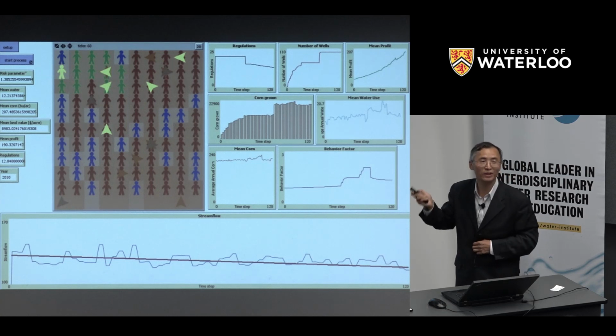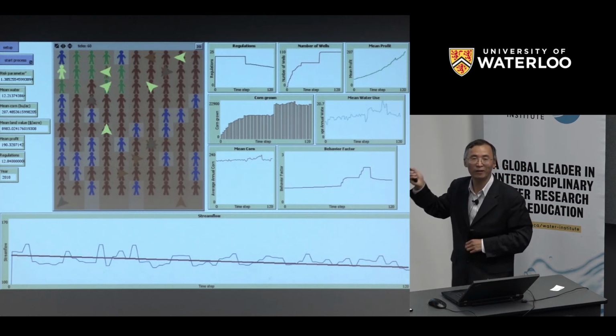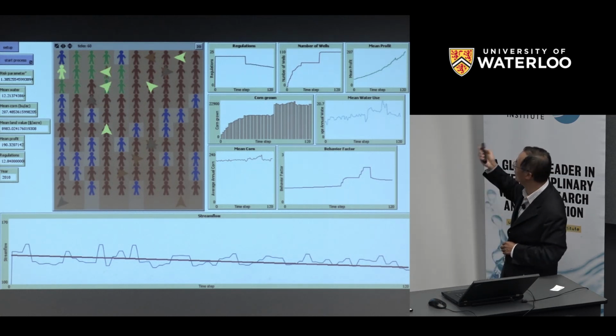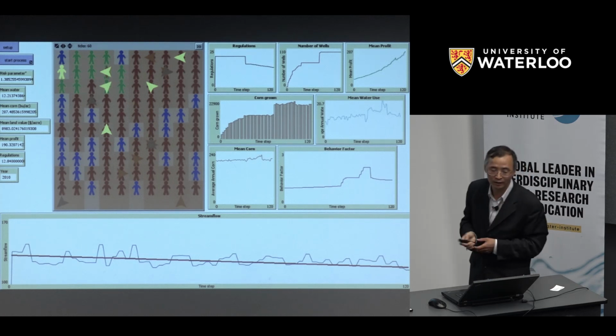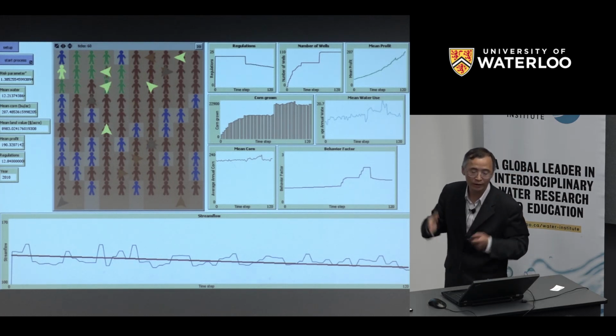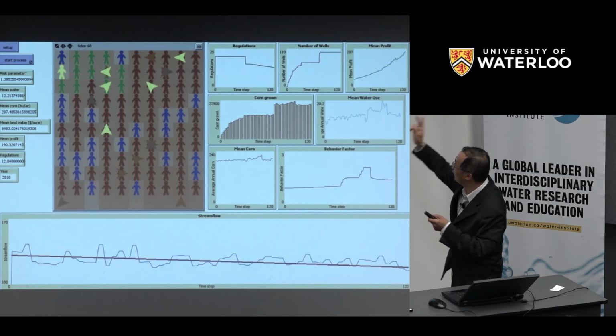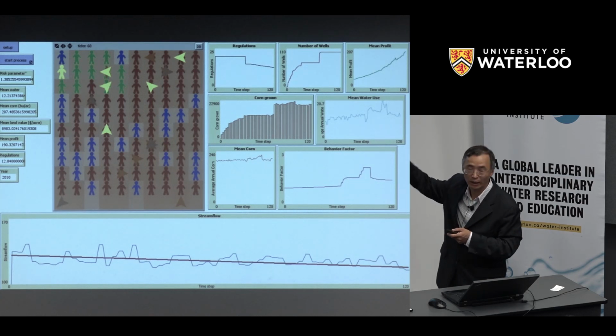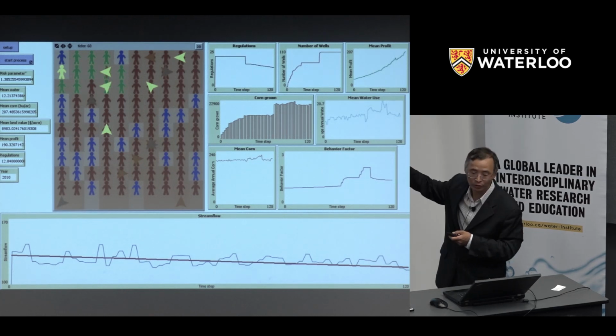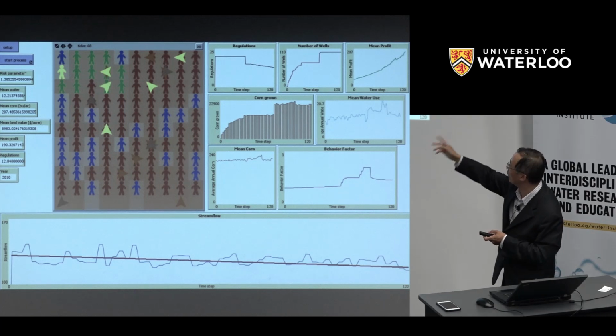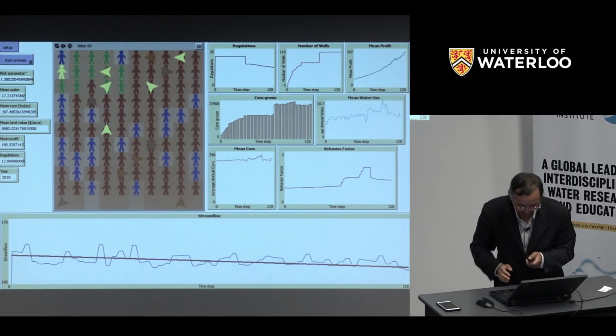So this is a demo. This is not an actual model, but we just want to use this to show the coupling of the human change, such as the regulations and also the water use, and the natural, like the water table and the average stream flow. Okay.